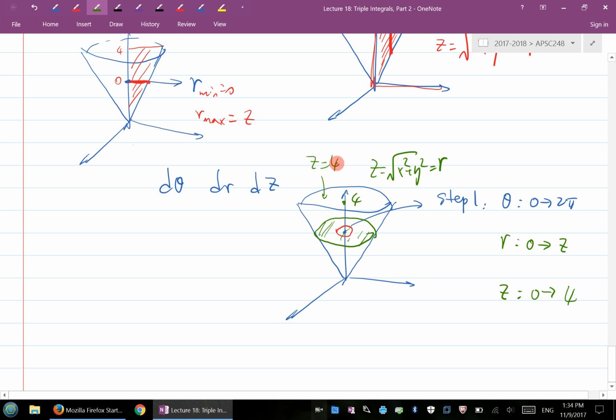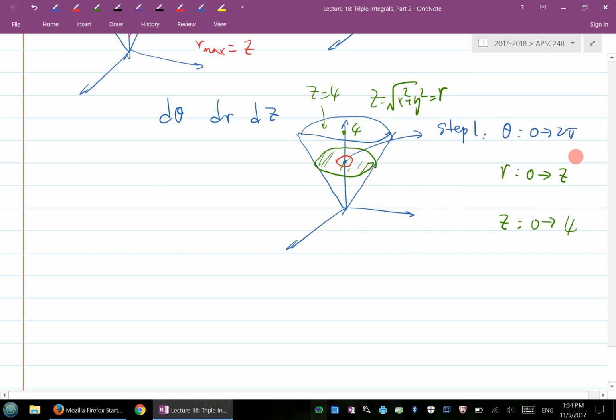Does that make sense? I find most people are more comfortable with dz, dr, d theta to sweep through the region D. There are maybe just very special cases where you choose different orders for integration. Any questions so far? Oh, good.